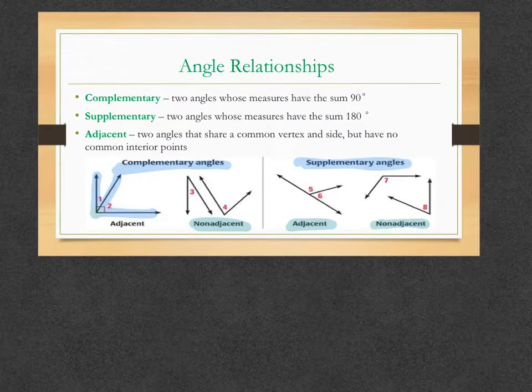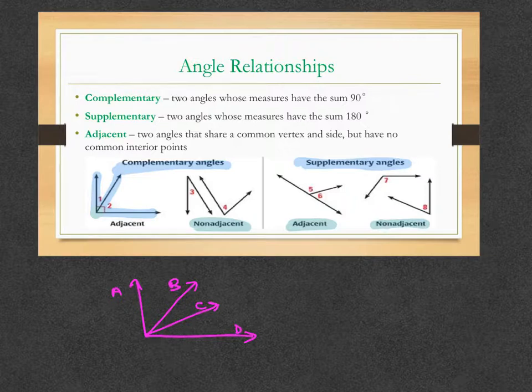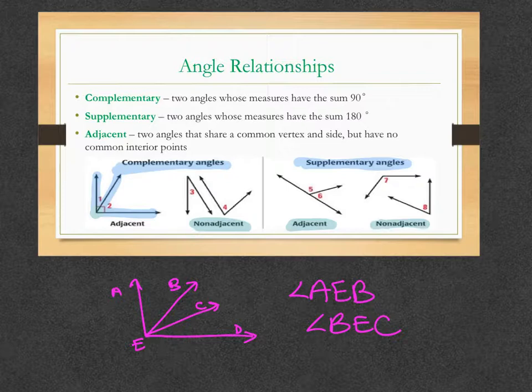If I asked you, so let's say I did this and this. And I asked you if AEB and BEC were adjacent. So AEB is this angle here, and BEC is this angle here.